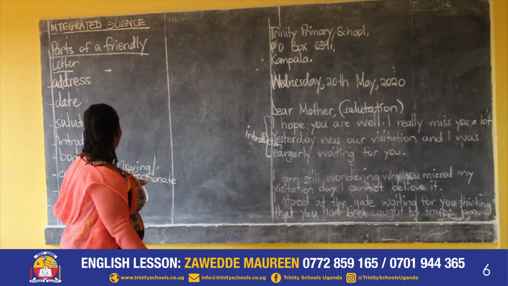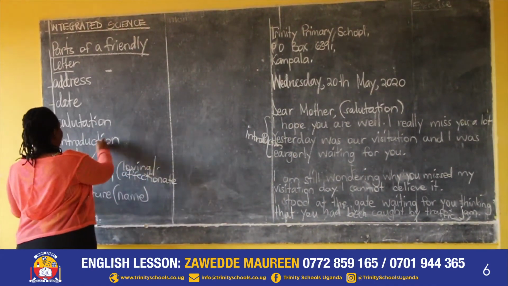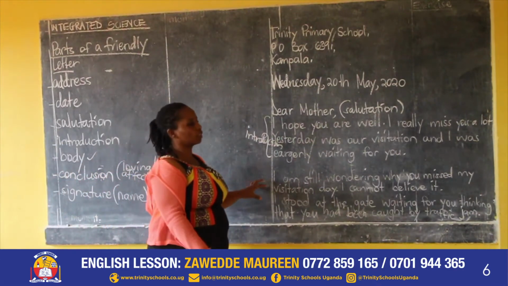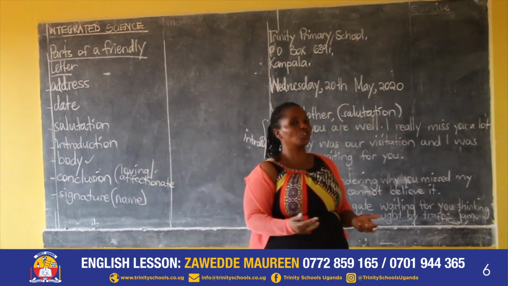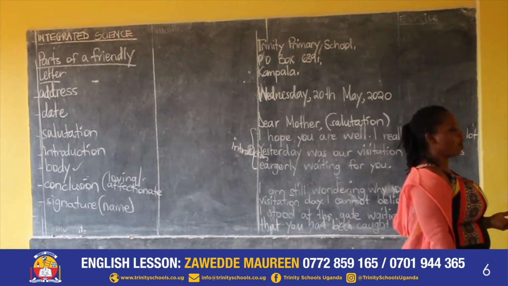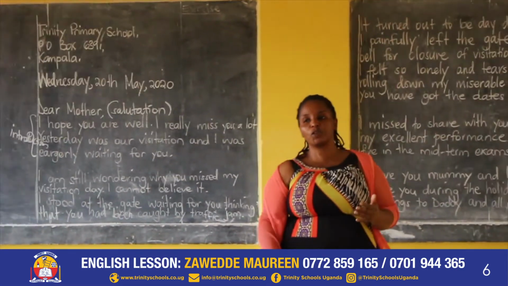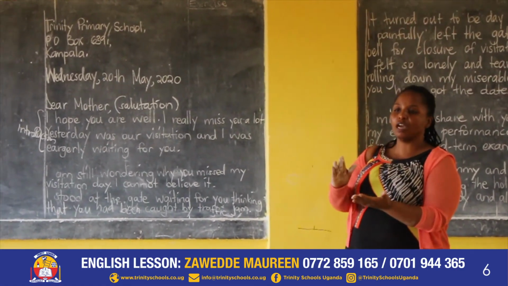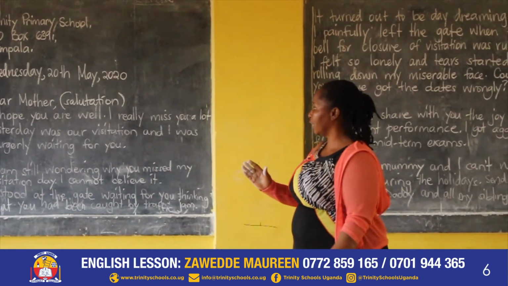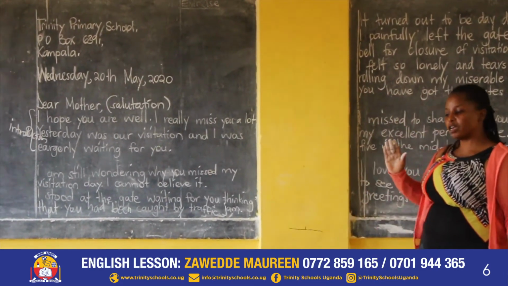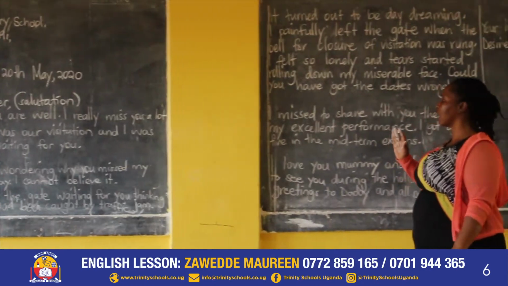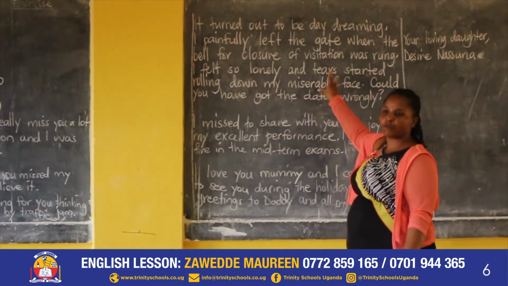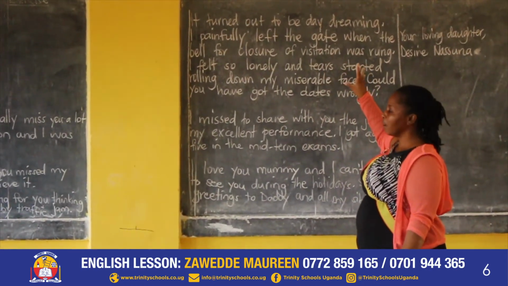When you look at the body, we say that the body expresses the message that you want to put forward. Sometimes you may have different ideas that you want to put in your letter. So every idea that you put in the letter, let it appear in a different paragraph.